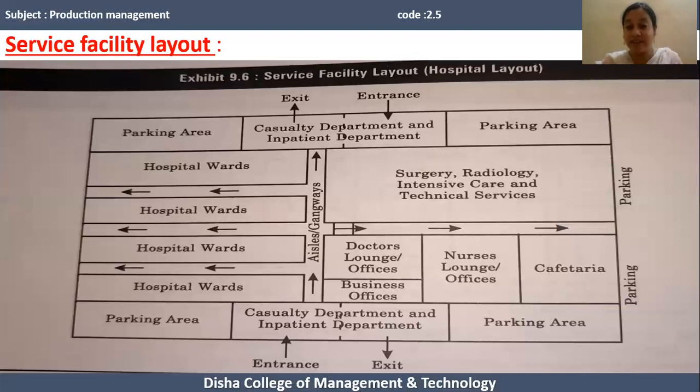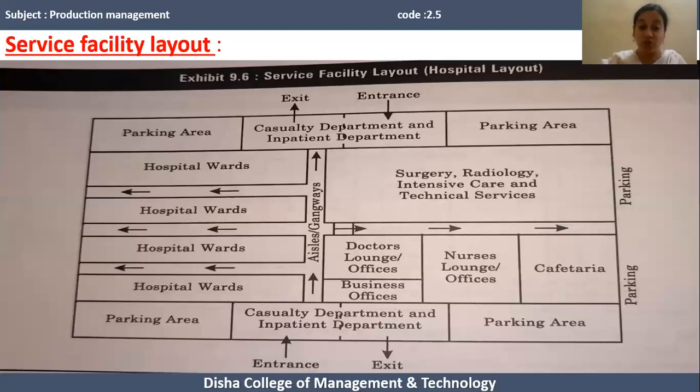There is also a room for doctors, a separate room for other officials or nurses, and a section for canteen, so that the patients of the hospital can access every service in a most effective and efficient way.